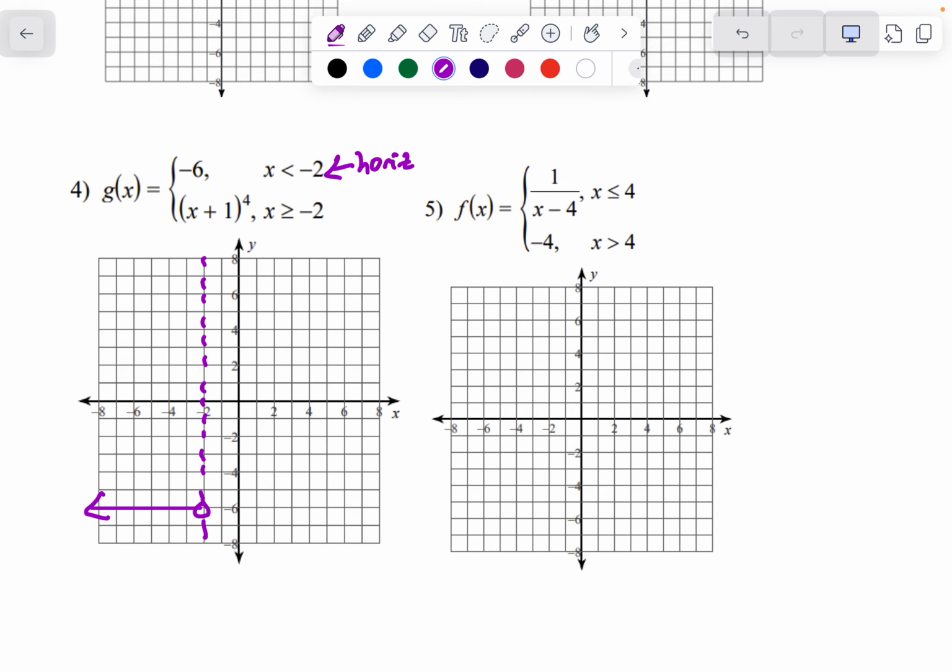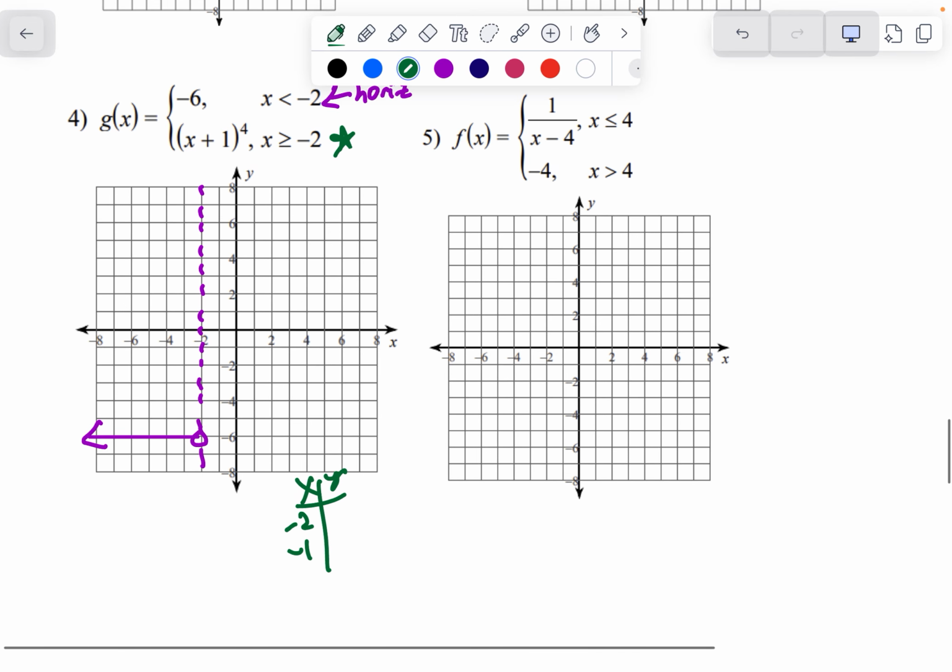Okay. So for that one, I would plug in some points. It's allowed to equal the border. So I would probably plug in the border. I know its vertex is at -1, and then maybe one more. So then I can just get a sense of how the rounded V thing is looking like. If you plug in -2, you get -1 inside the parenthesis to the 4th power is 1.